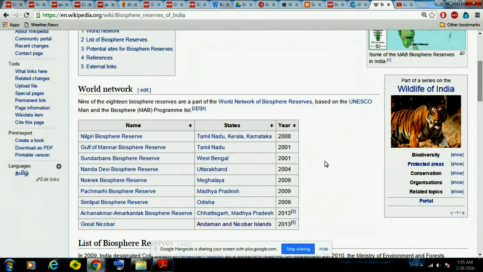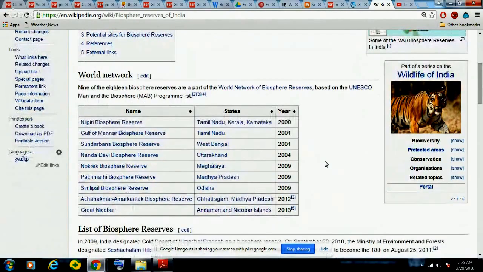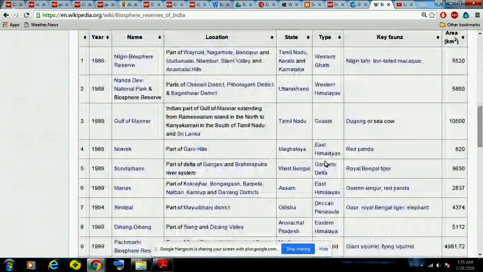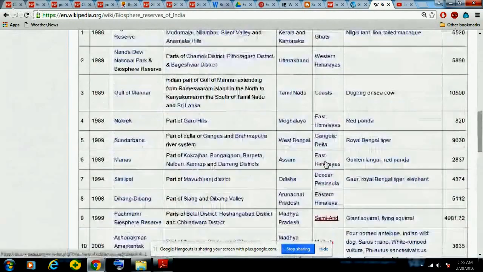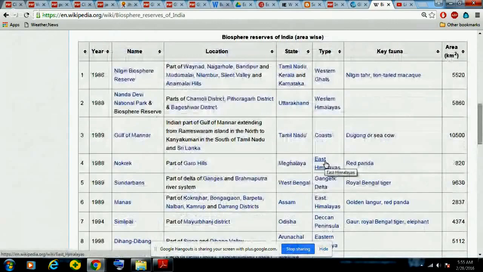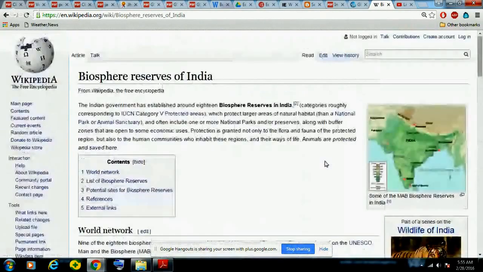So these nine are part of the UNESCO Man and Biosphere program list, and there are 18 biosphere reserves in India. So you need to learn all these 18 because these can be asked in a match-the-following question in the UPSC.